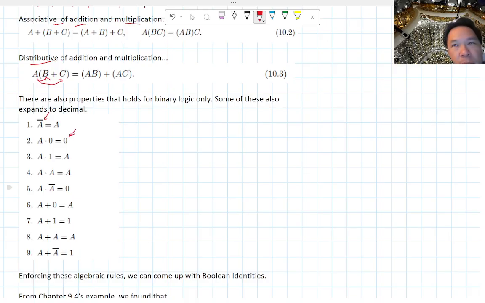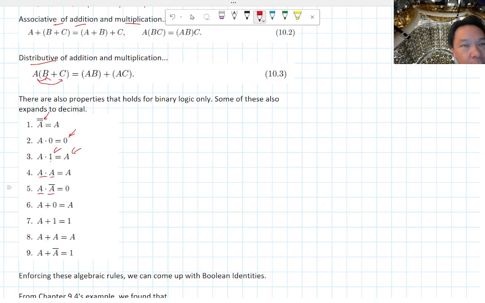Then this applies to any algebra, right? Anything times 0 is 0. Anything times 1, meaning the identity, gives you itself back. This is squaring: A times A gives you A, because 1 times 1 always gives you 1, right?